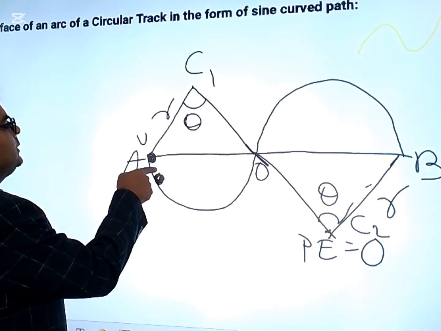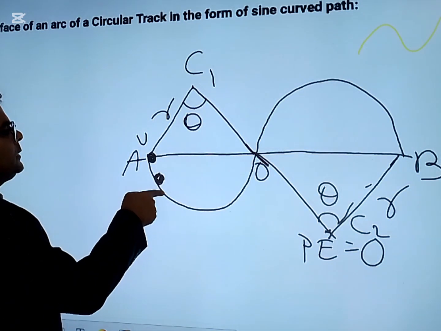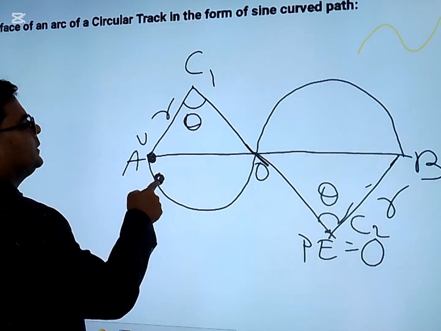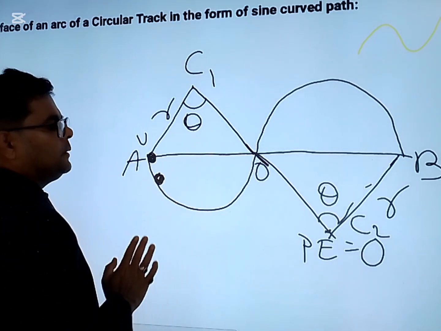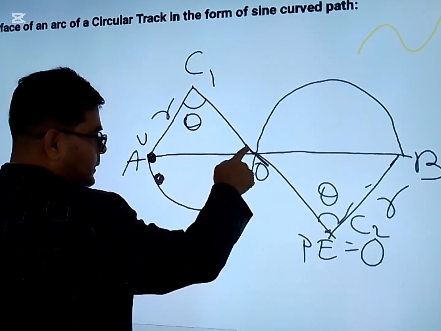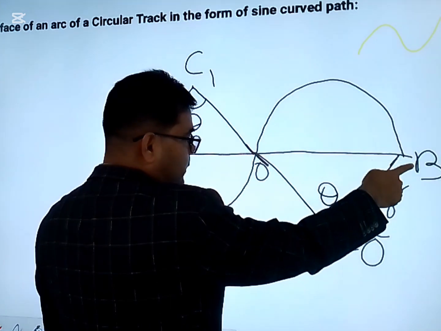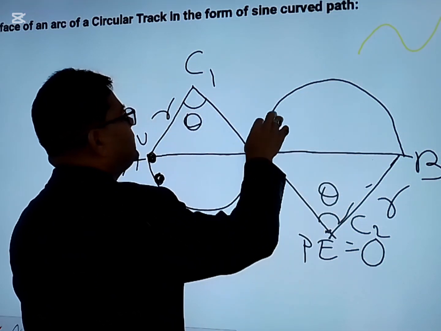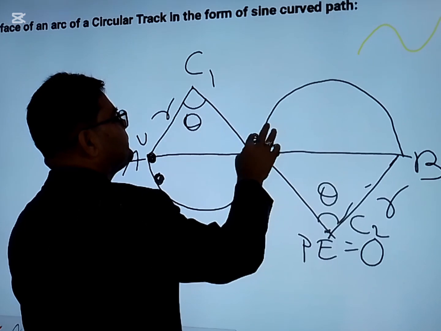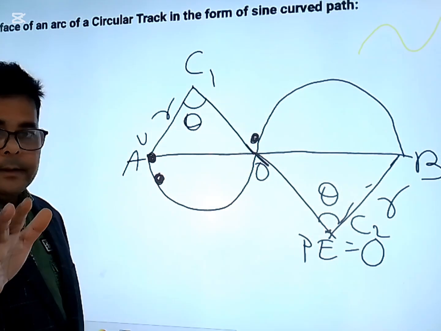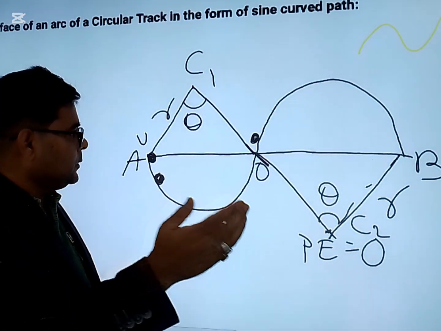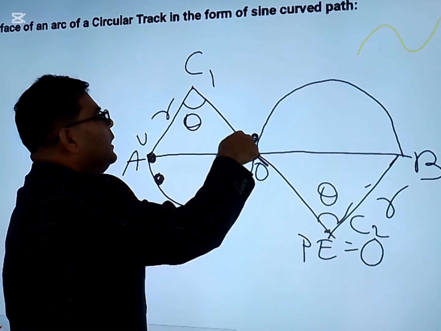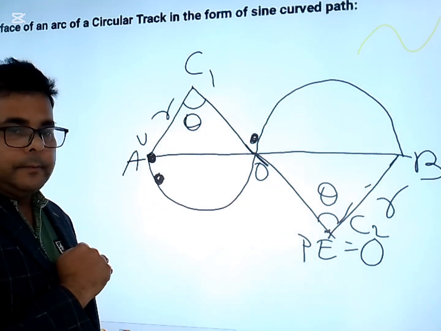You can see that this particle will not lose contact between A and O. However, between O and B, it may lose contact with this surface, provided some external force acts on this body.